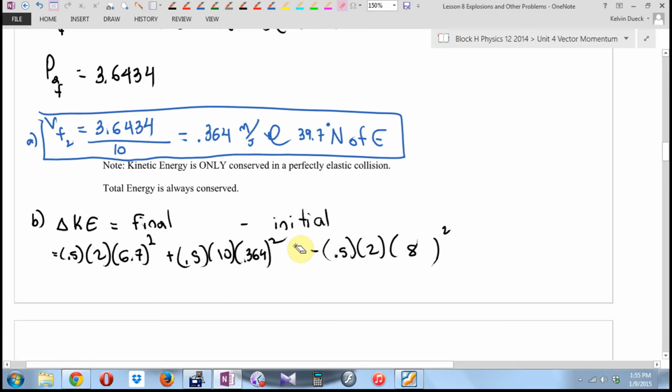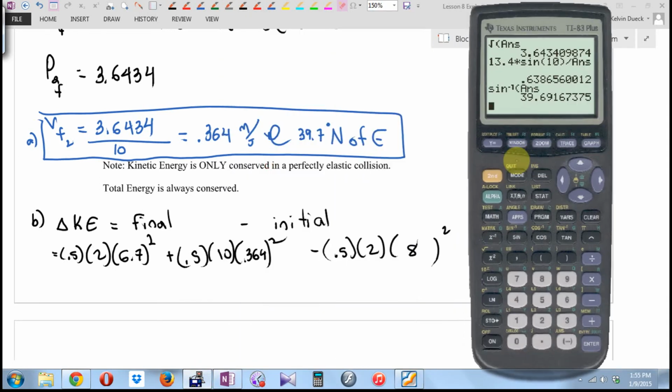I'm expecting a negative answer here, because I think I am losing kinetic energy. You're never losing energy. I think some of it did go into heat and deforming the objects and making noise and all that. So here we go.